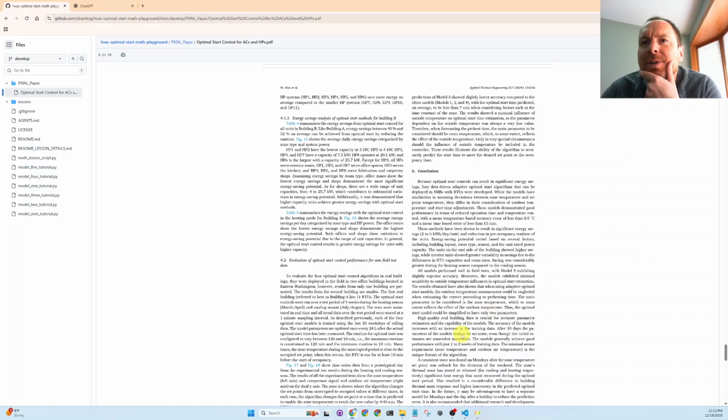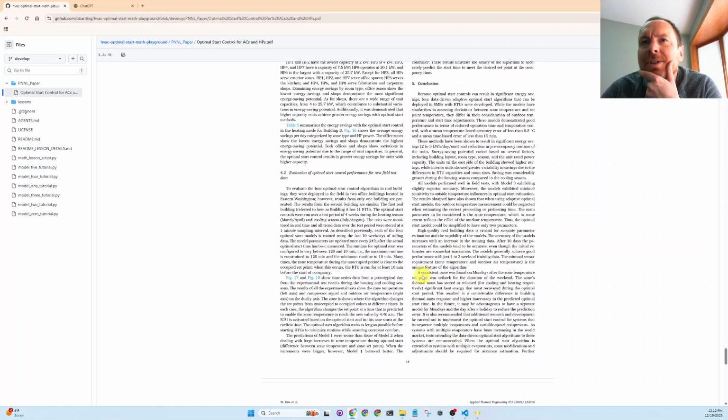They also talk a little bit about the latest and greatest research. If it's an office building where the building sits unoccupied over the weekend, Monday morning is still an issue that the latest and greatest math models haven't solved yet, just because the thermal mass stores and releases a lot of energy.